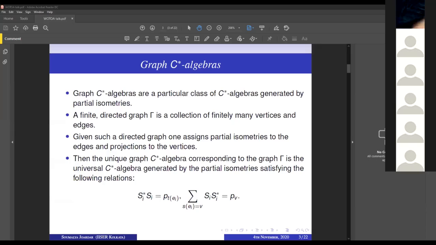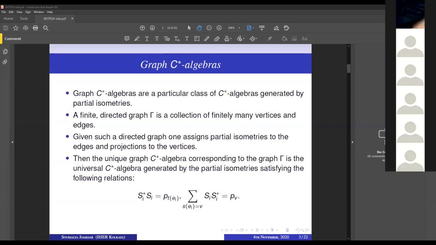For a general graph, you assign a partial isometry to every edge of the graph, and to every vertex you assign a projection.